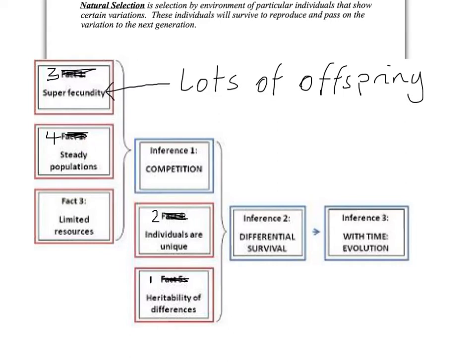So 3 and 4 lead to competition. The fact that not all organisms survive, and it's not random which organisms survive and which don't. It's the idea that survival is influenced by the characteristics. So characteristics and competition results in particular individuals being selected, if you like, and then those characteristics are passed on to the next generation.